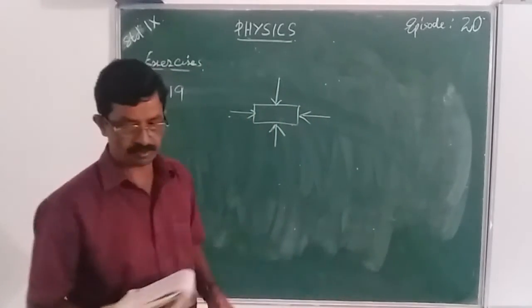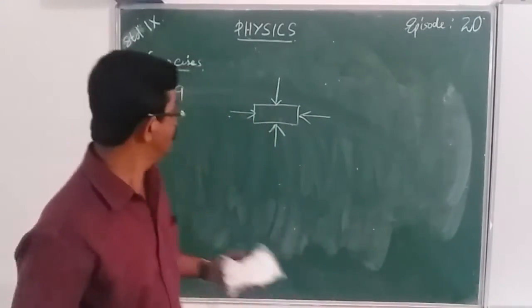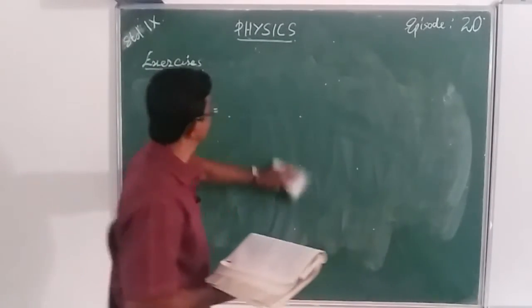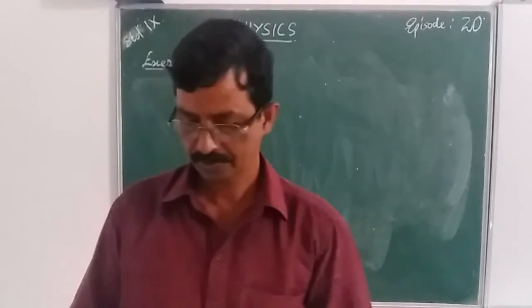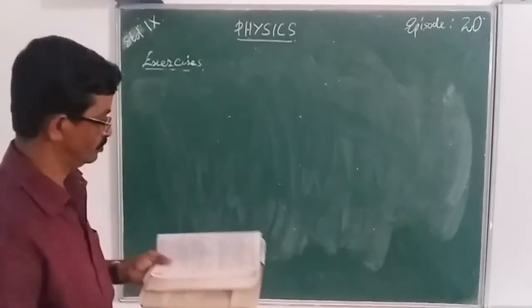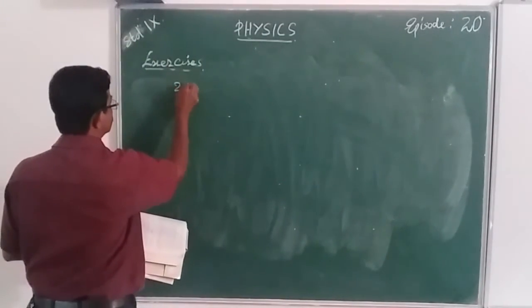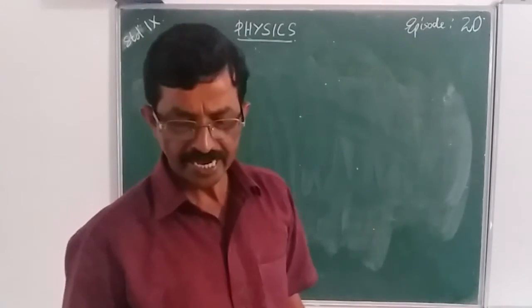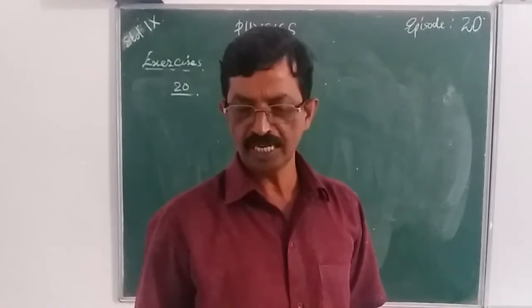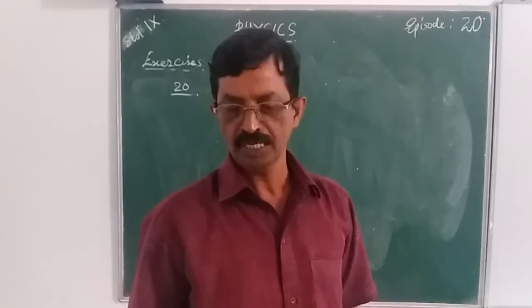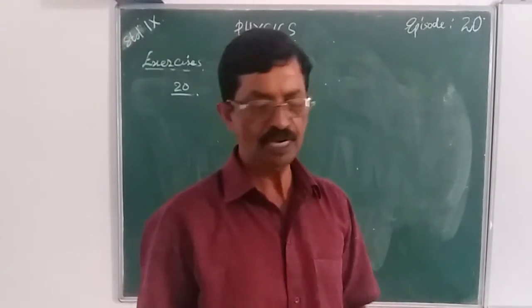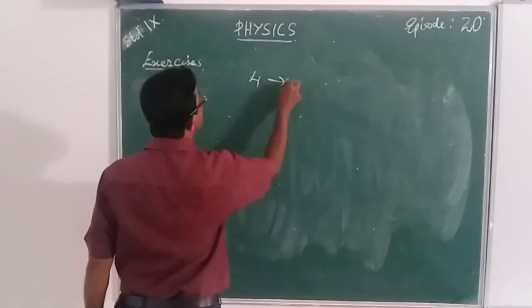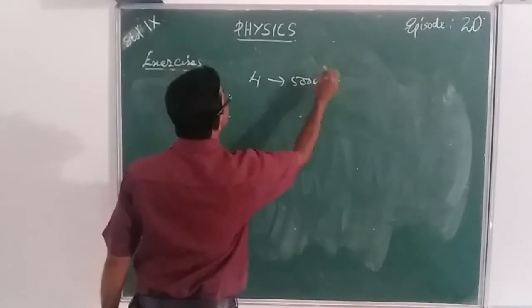Now, question number 21. Find the energy in kilowatt hour consumed in 10 hours by 4 devices of power 500 watt each. 4 devices of power 500 watt.